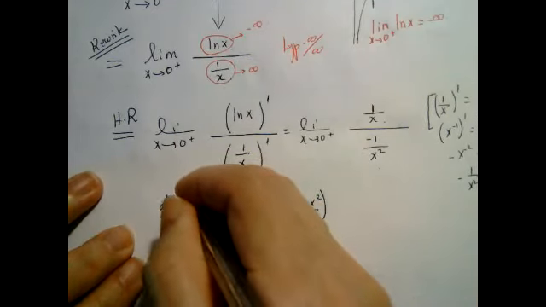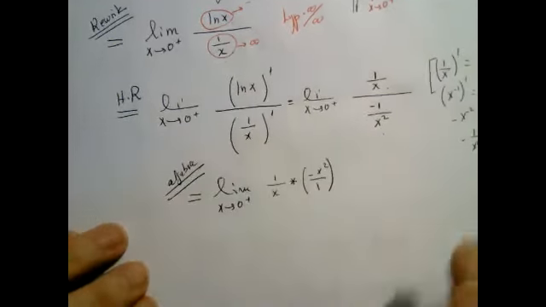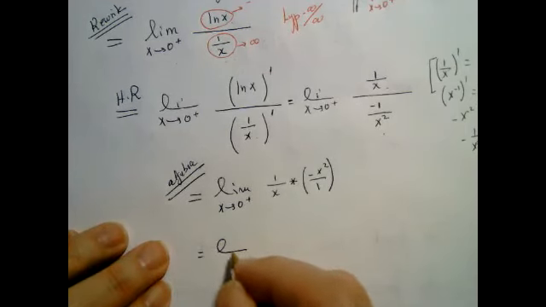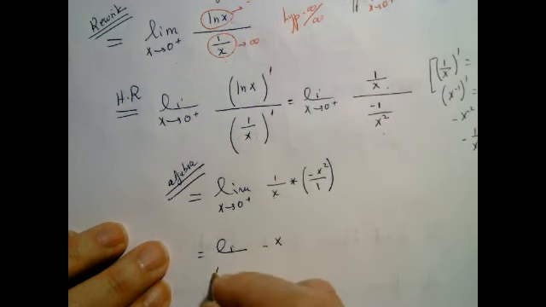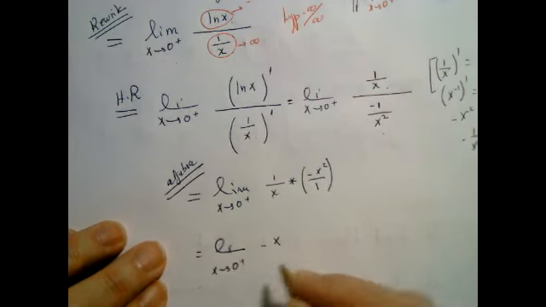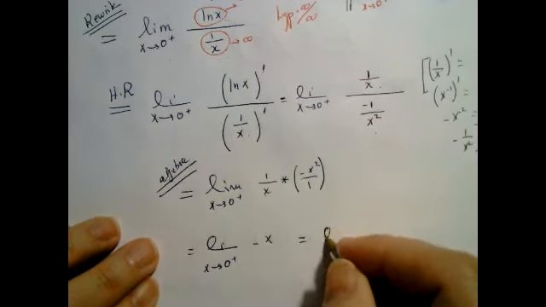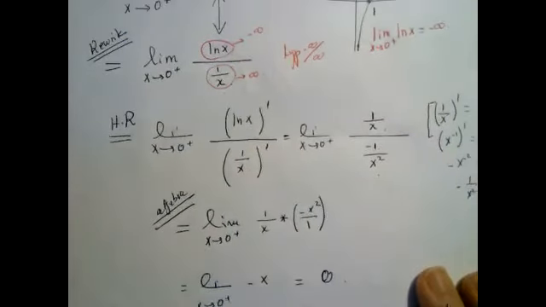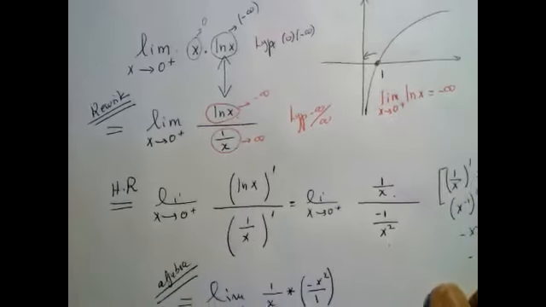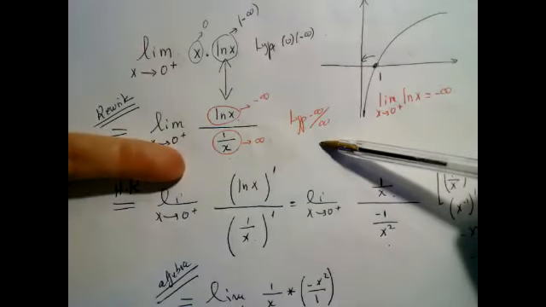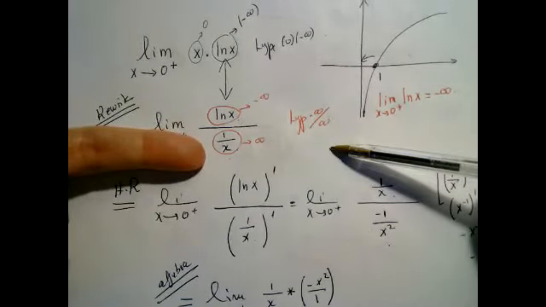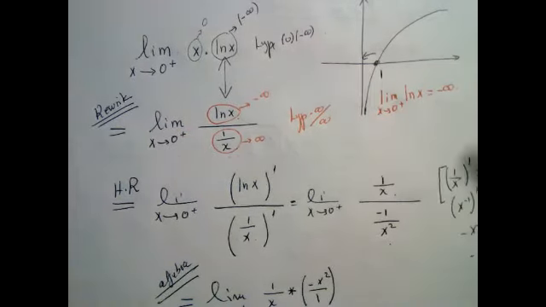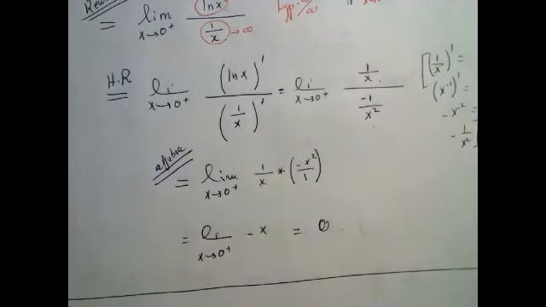I'm just doing algebra at this stage. So finally, that's the limit of minus x, as x goes to 0 from the positive side, which is equal to 0, end of the problem. So an algebraic manipulation is in order so that I can create a situation where L'Hopital's rule can be applied. Okay, end of the problem.